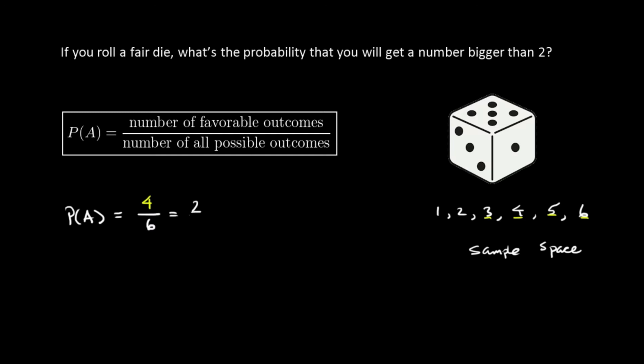We could also say it's 2/3. We could write it as a decimal, which is a little less than ideal because we'd be getting into some rounding error here. But we could say it's roughly 0.6667, and we could also express it as a percent by multiplying that by 100, 66.67%. So there's the probability that we're interested in.